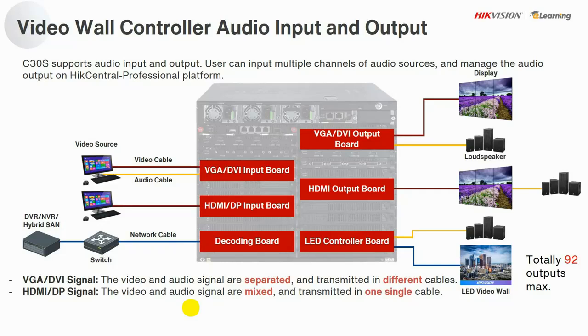So for outputs, on the right side, we also have VGA or DVI, HDMI, and video controller board. So it supports a maximum of 92 outputs in total. You should pay attention that it's a theoretical number since we have mixed output slots. We have different types of output, right?